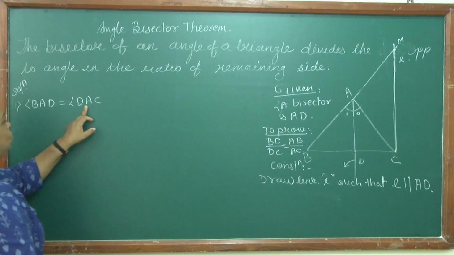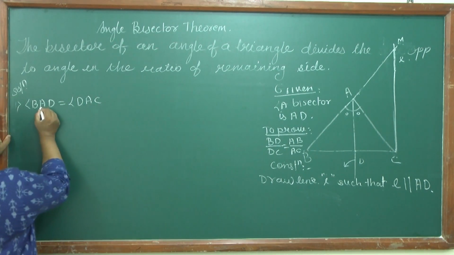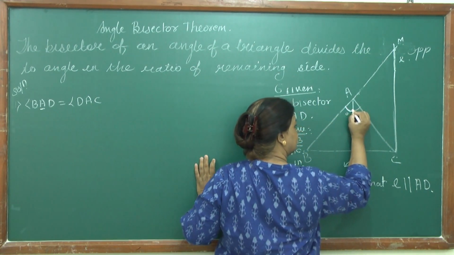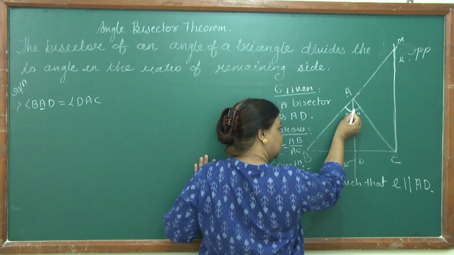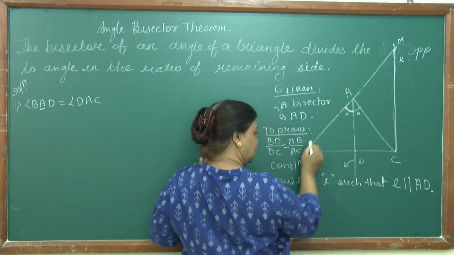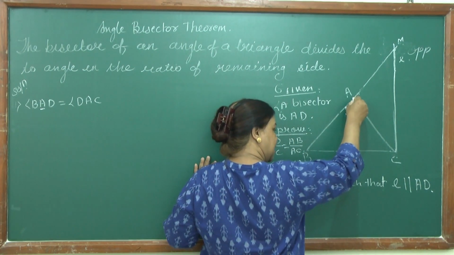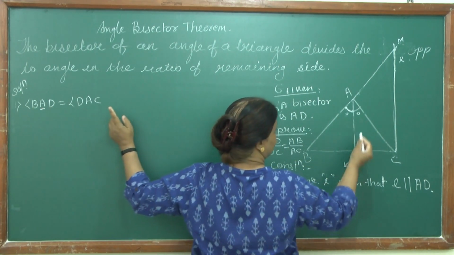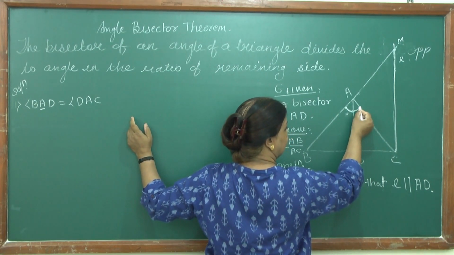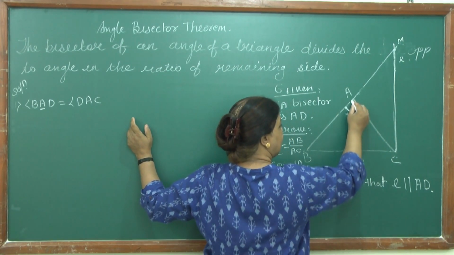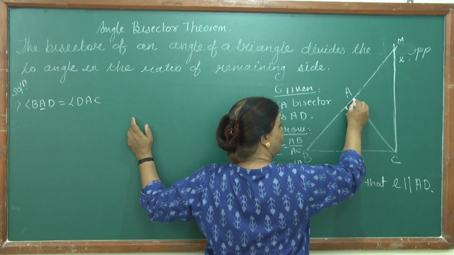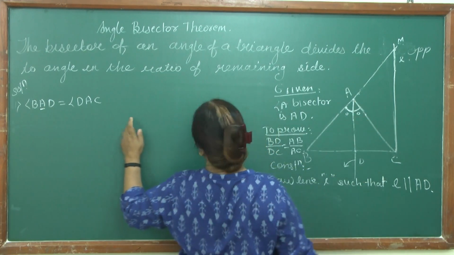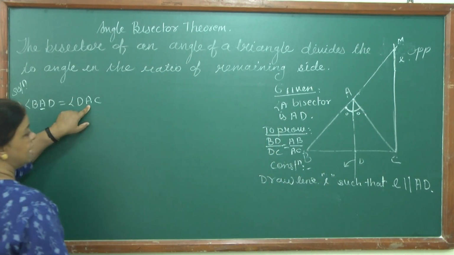See children, how to write it? I want this angle in the middle. So from here to here, so this side I should take. That is BAD. Okay, BAD is equal to what? This angle. So DAC. So A should always come in the middle, and these two sides. Okay, BAD is equal to DAC.